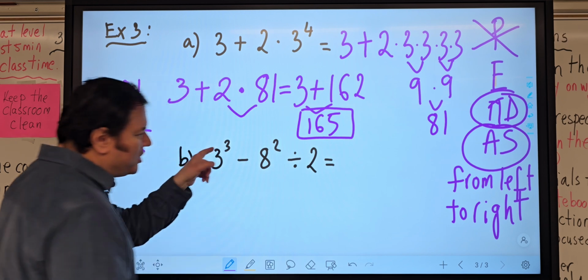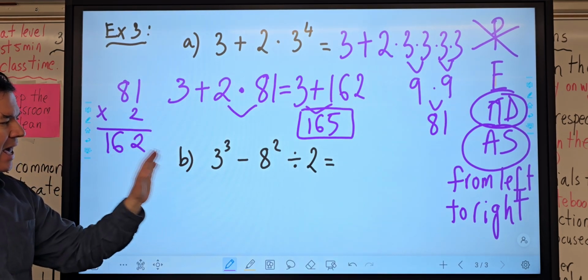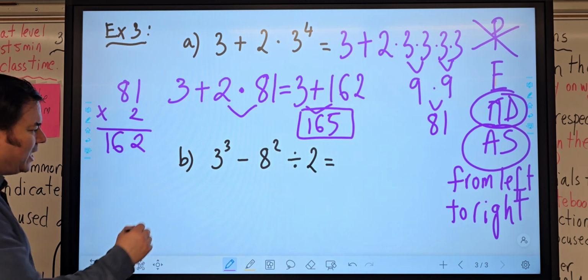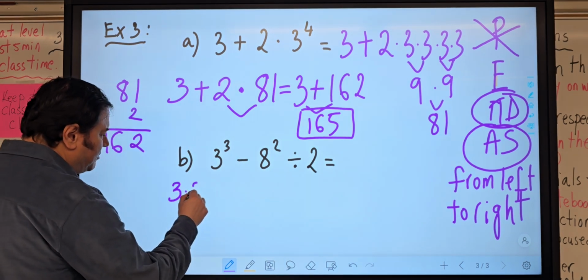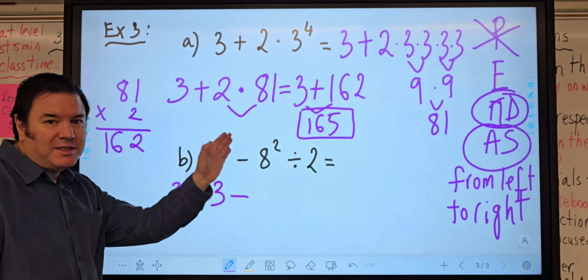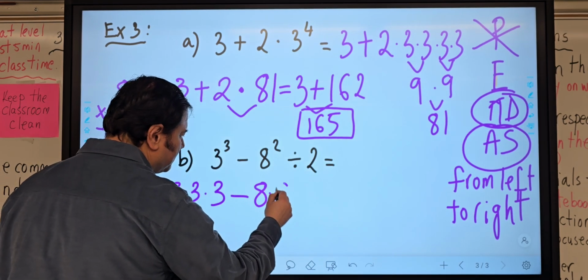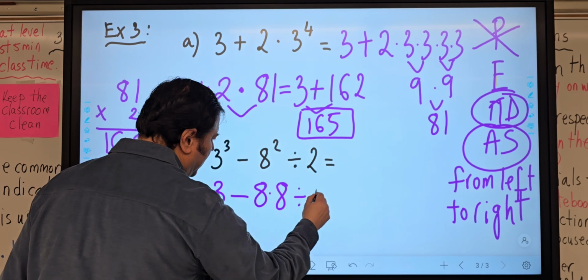And again, 3 to the 3rd power, we got to break it down into 3 factors. 3 has been multiplied 3 times, right? So we have 3 times 3 times 3 minus 8 to the 2nd power means 8 times 8. And then we have to divide by 2.